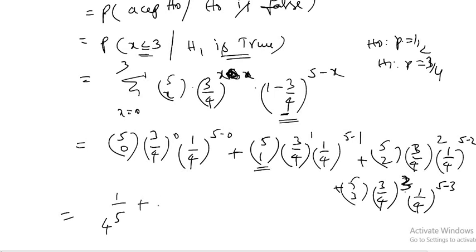Plus 5C1 is 5, (3/4)^1, into (1/4)^4, plus 5C2. How much is 5C2? 10.